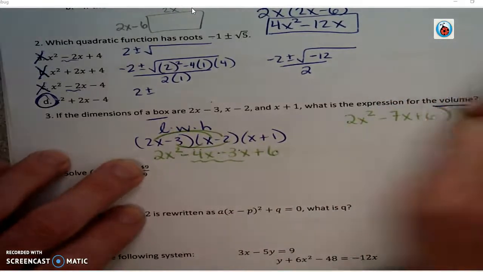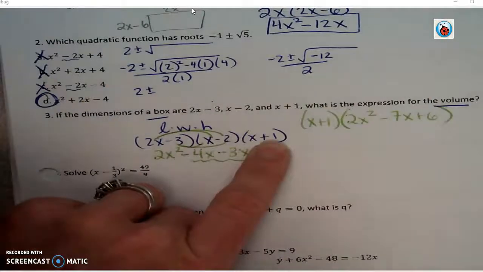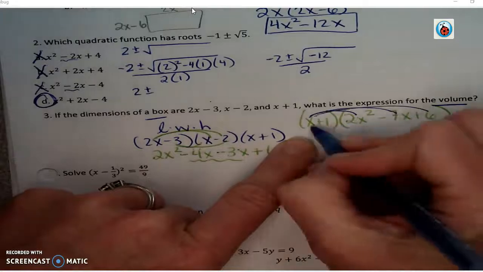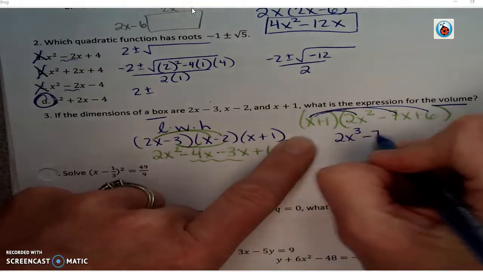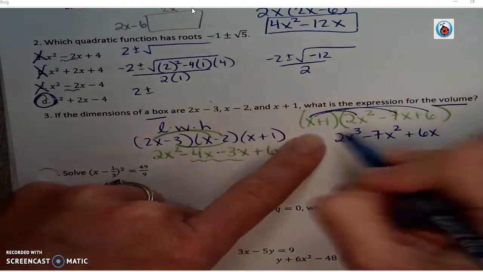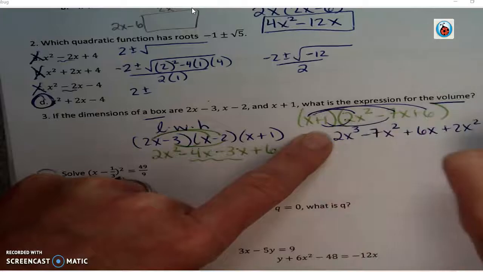And I still have to multiply it by x plus 1. So I'm going to distribute the x to everything. x times 2x squared is 2x cubed. x times negative 7x is negative 7x squared. x times 6 is 6x. Then I'm going to multiply everything by positive 1, so 2x squared, negative 7x, and positive 6.